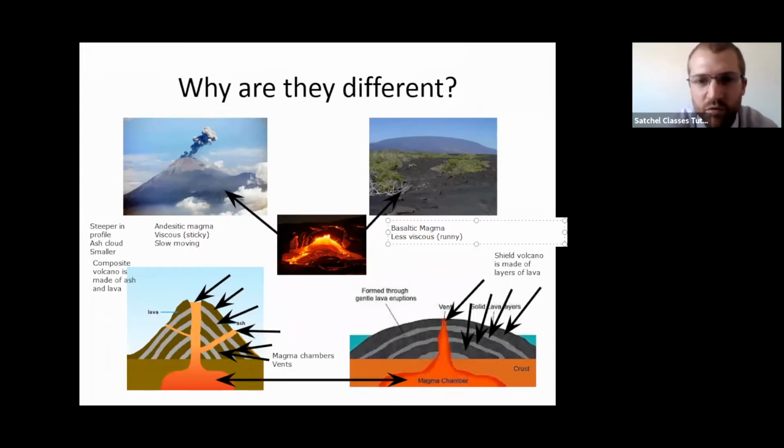So it tends to be more runny and more free-flowing. Let's call it free-flowing. So you have these two polar opposites. One magma type that is very sticky, and one magma type that is not very sticky, very runny.